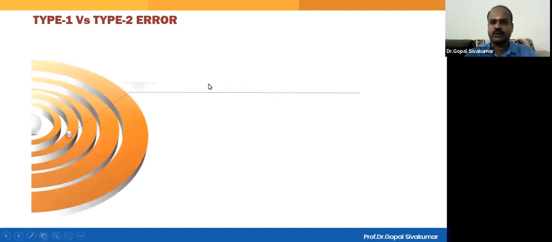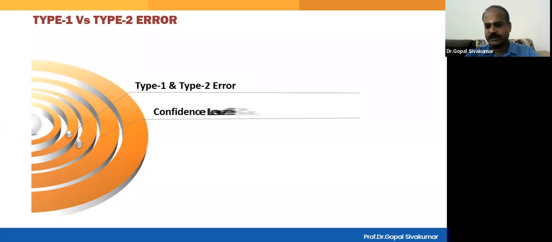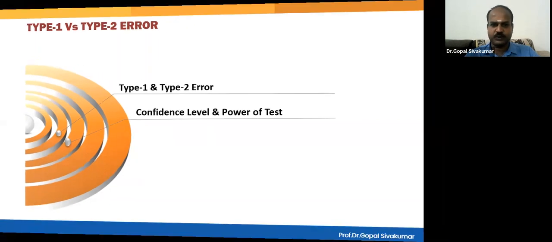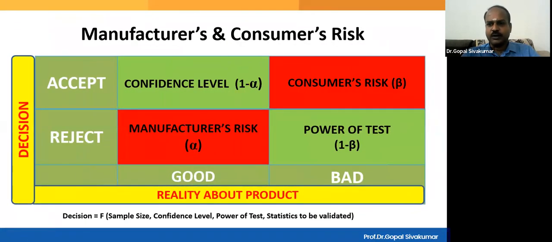And that is what we are going to understand in this particular video. In the process, we will also understand confidence level and power of test. Let us proceed. In order to understand type 1 and type 2 error, first let us consider a manufacturing scenario so that you can easily grasp the point, and then we will connect our understanding with hypothesis testing.